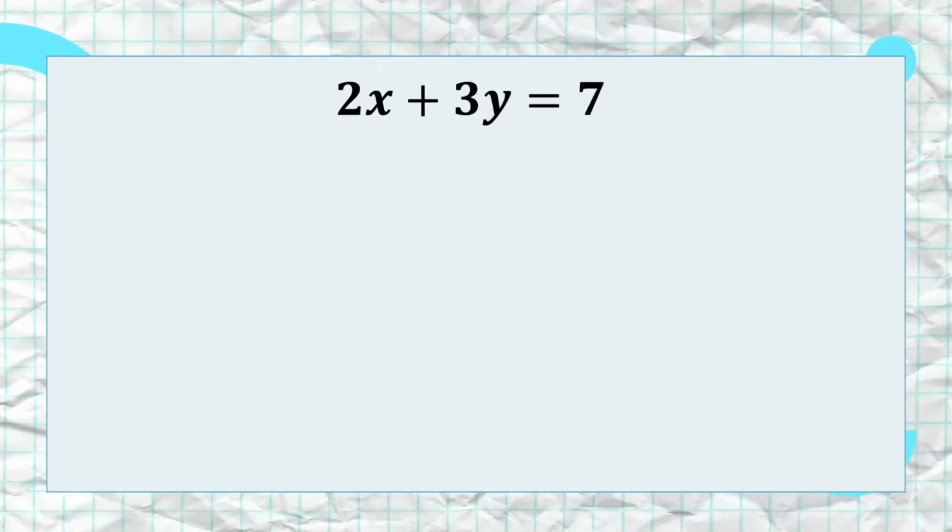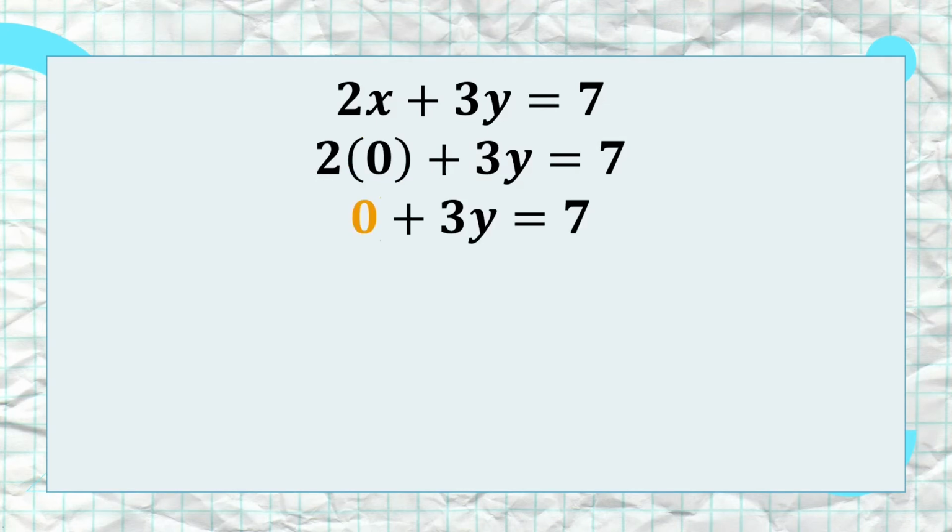Again, we substitute 0 to x, making it 2 times 0 plus 3y equals 7. 2 times 0 is 0. 0 plus 3y is 3y. So, 3y is equal to 7.